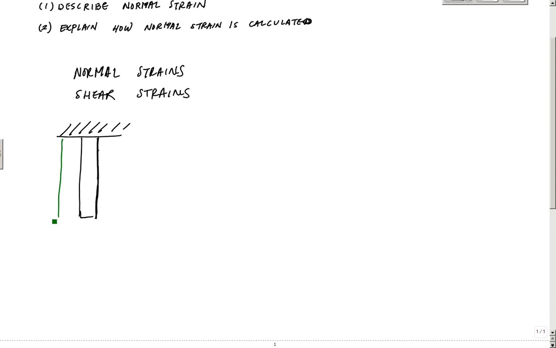Say it has a length here of L0, and then I'm going to apply slowly a static load, very slowly, quasi-static, if you were doing this experimentally. I apply a load here that causes a deformation, that stretches this bar. So here, this P, I have this applied load, and I end up with this final length.